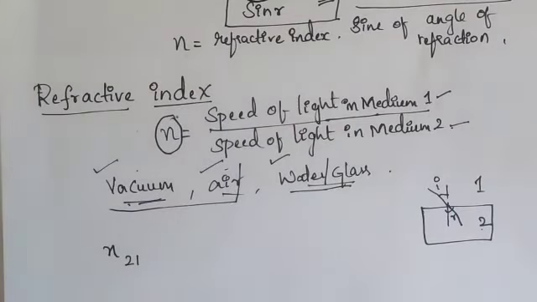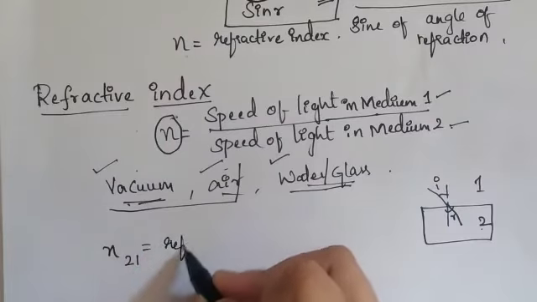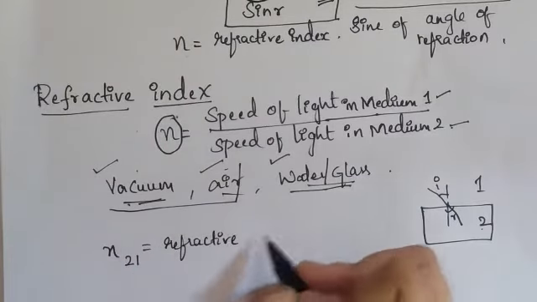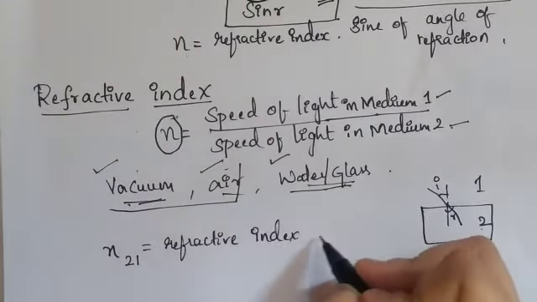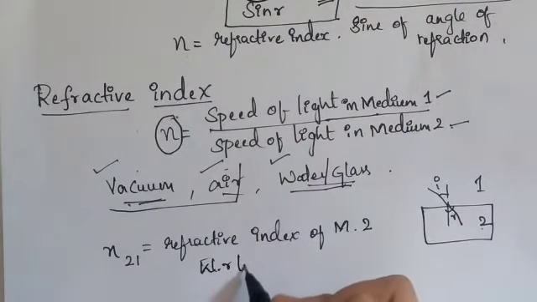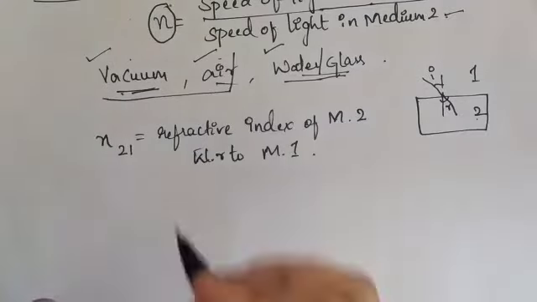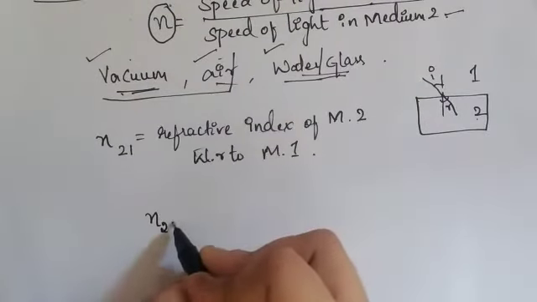That is n21, the refractive index of medium 2 with respect to medium 1.